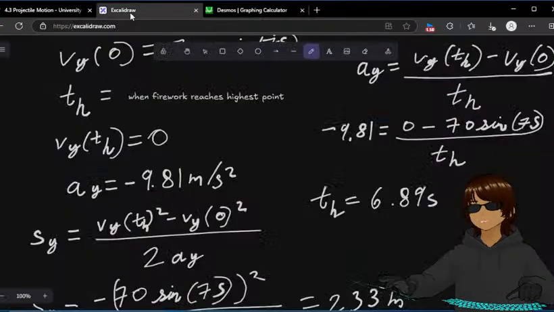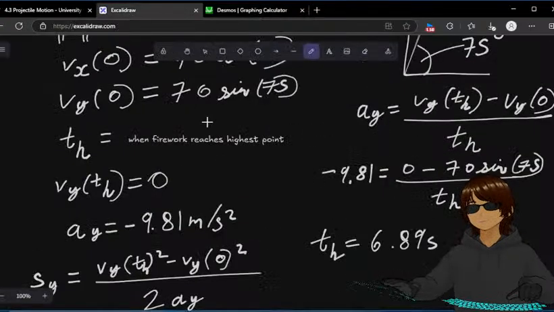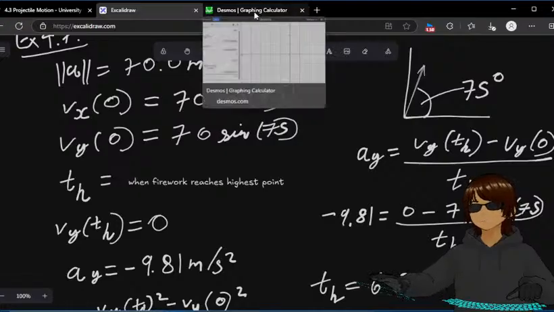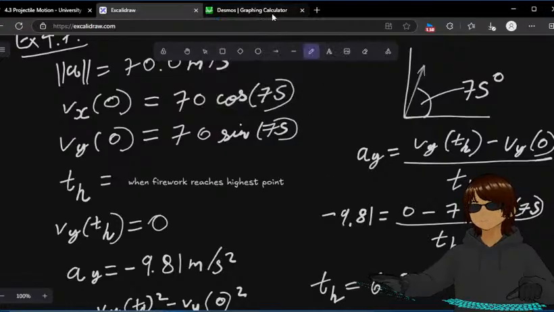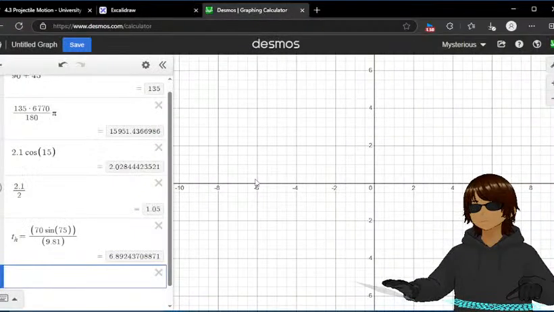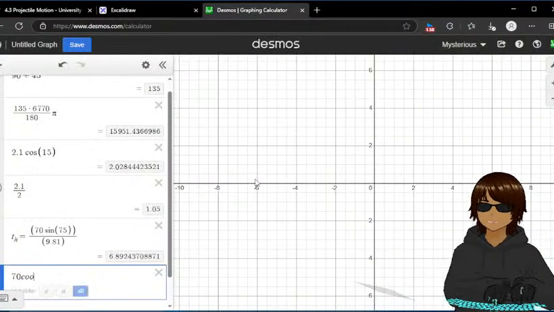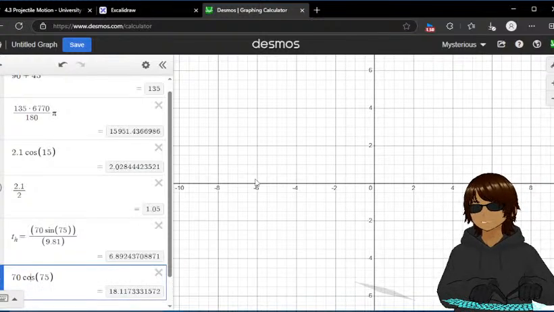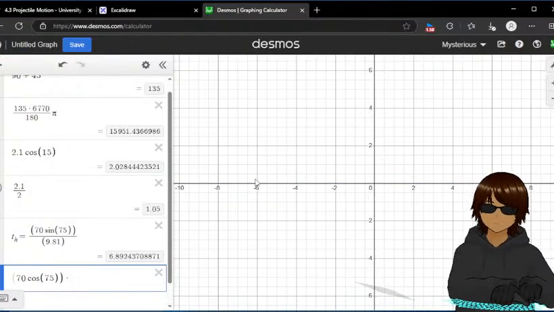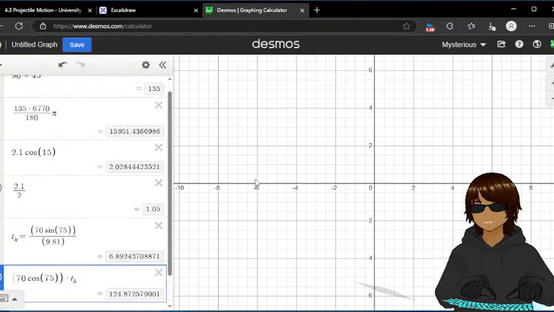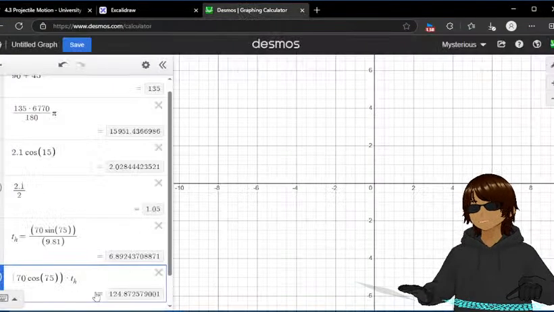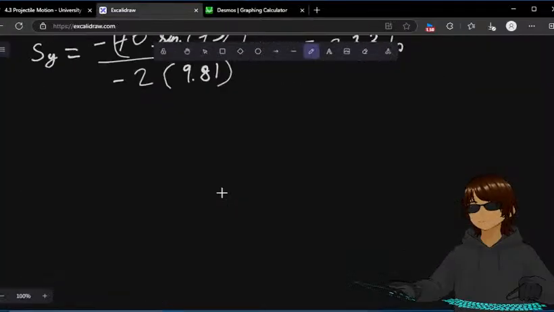So we have velocity in the x direction, 70 cos 75, times t_h, which gives 125.